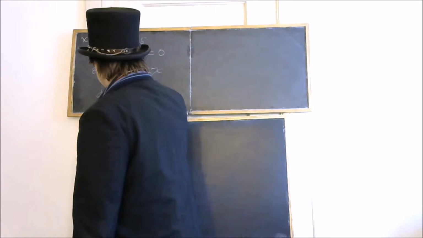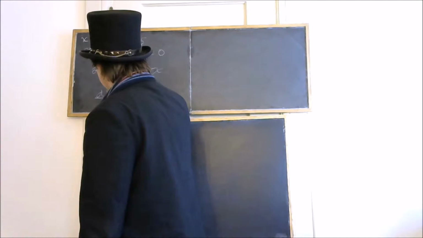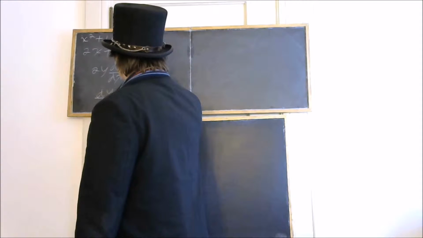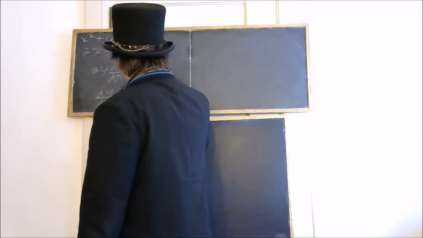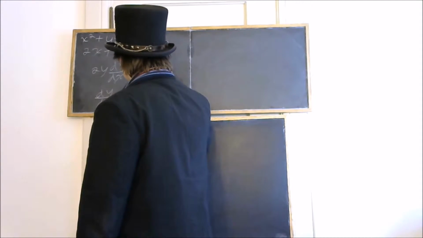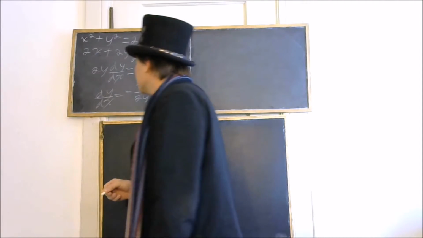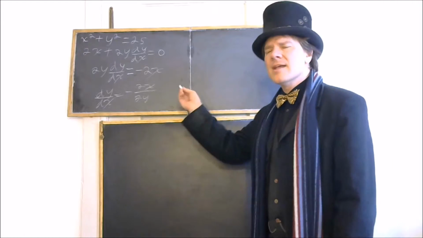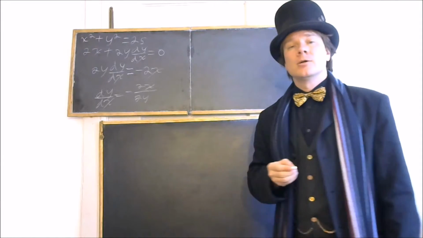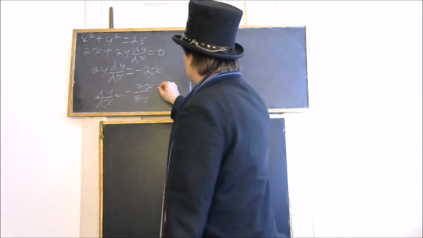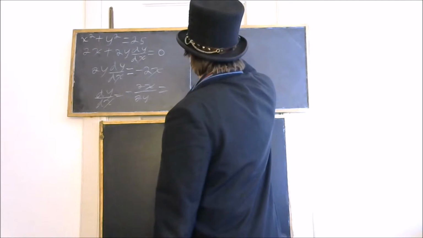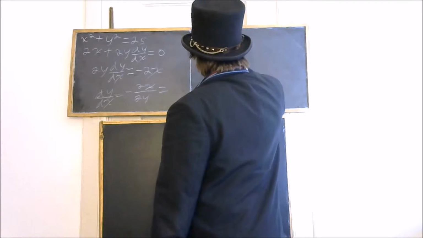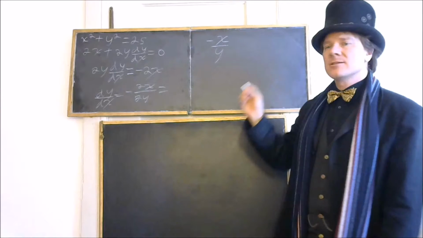We end up with dy over dx equals negative 2x over 2y, which will simply end up equaling negative x over y.